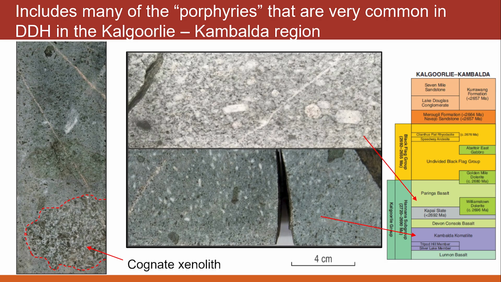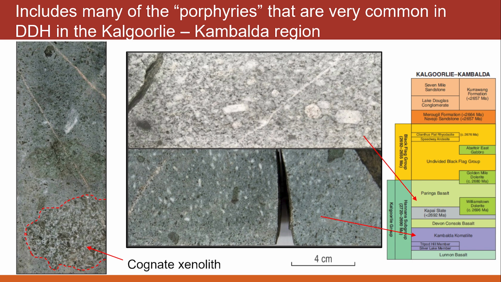Here's a couple of pictures of what they might look like in drill core if you were coming across them in the field. The pictures in the middle are pretty typical porphyritic rocks, feldspar, amphibole porphyritic rocks that are intruding the Kalgoorlie group in the Kalgoorlie-Kambalda region.